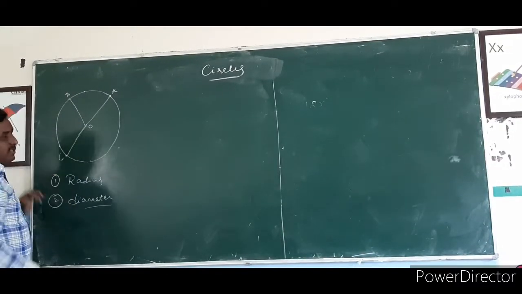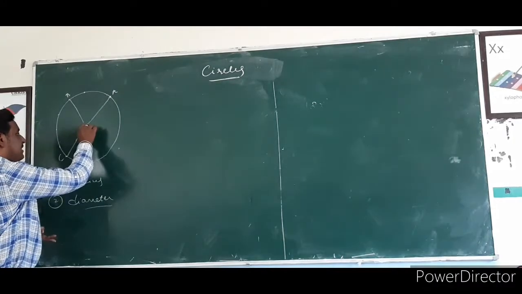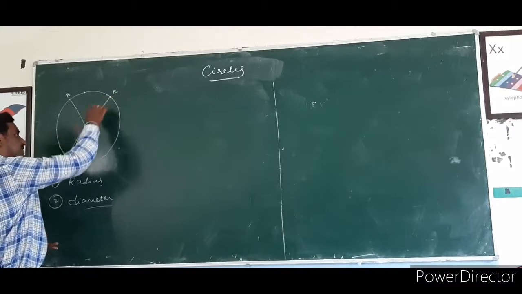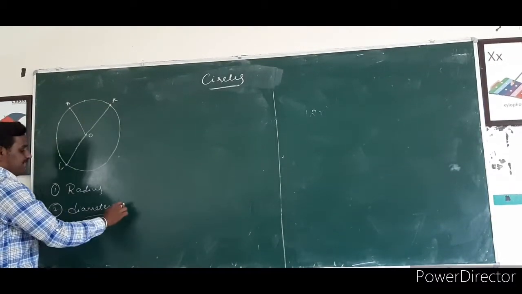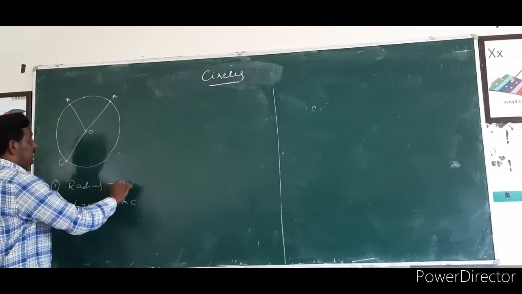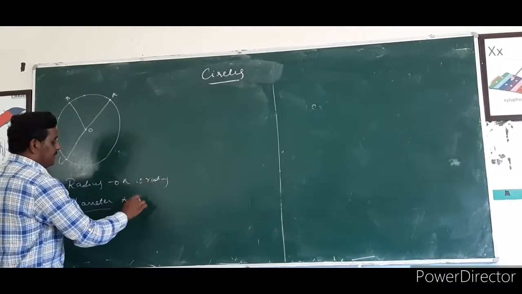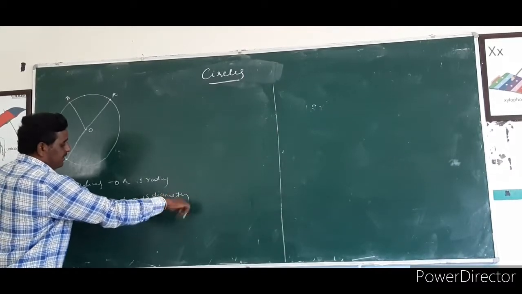A and C are two points on the circumference and O is the center. If you join line segment AC, AC passes through the center. OA is the radius, and AC is the diameter.